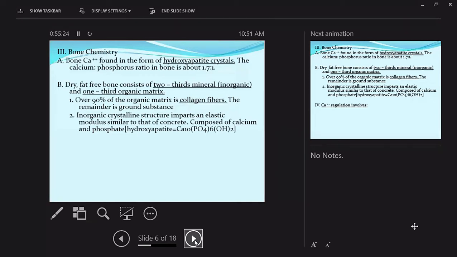This is composed of calcium and phosphate. So your hydroxyapatite is equivalent to 10 calcium plus 6 phosphates and 2 hydroxyl groups. That is the composition of your hydroxyapatite crystals.